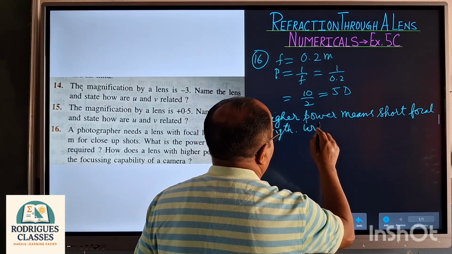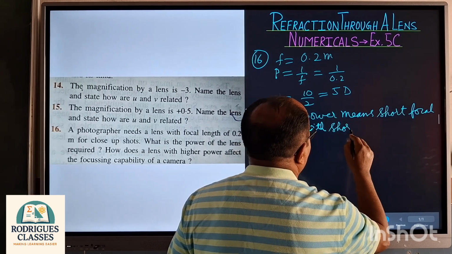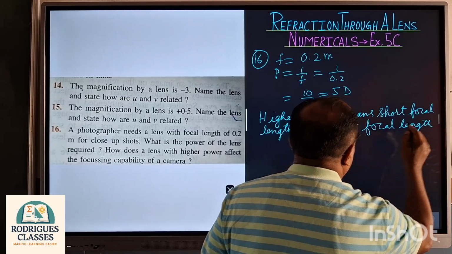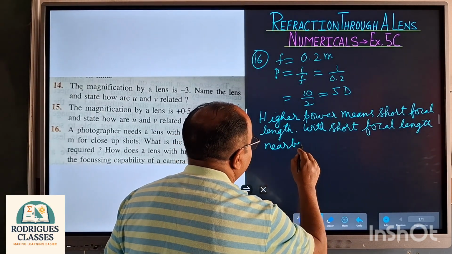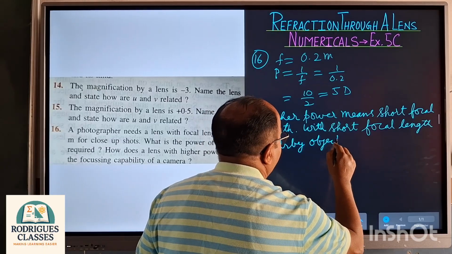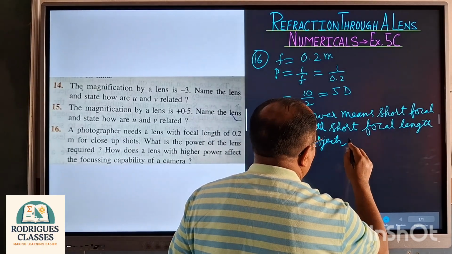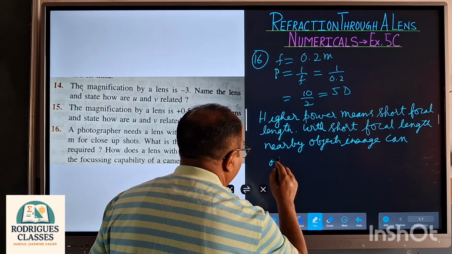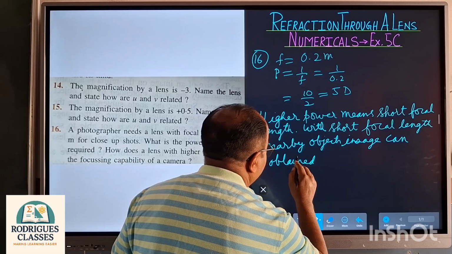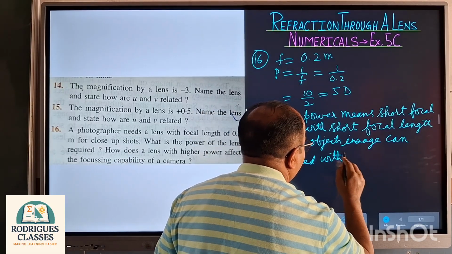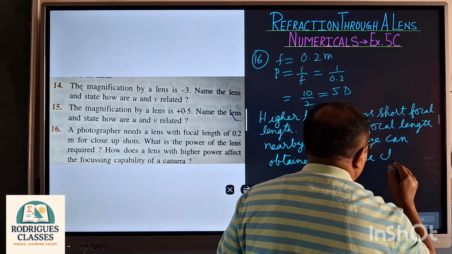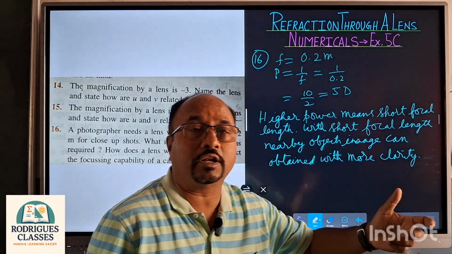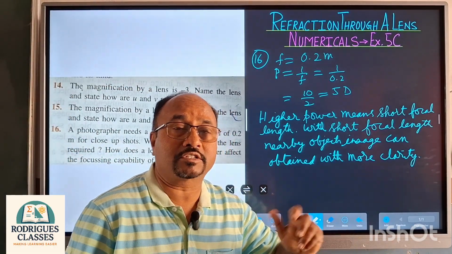With short focal length, nearby objects' image can be obtained with more clarity. Okay, and remember this, higher power means short focal length because focal length and power are inversely related.